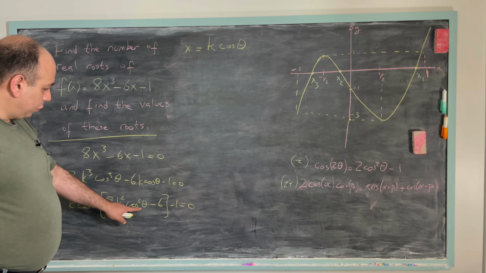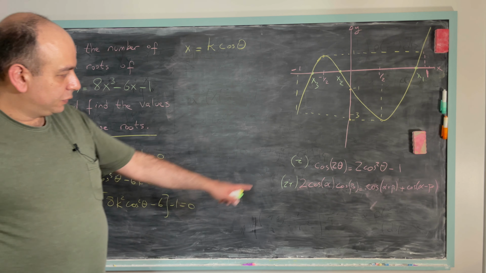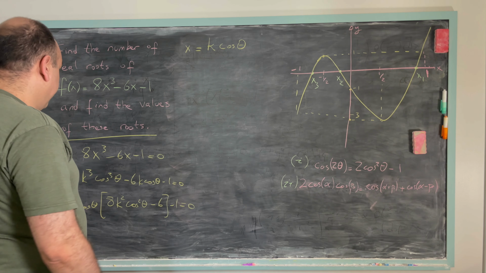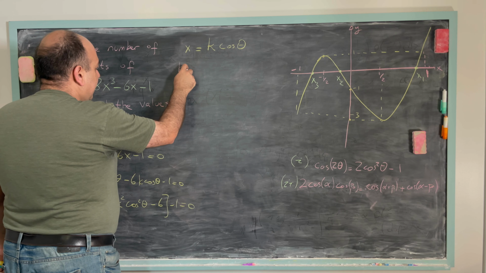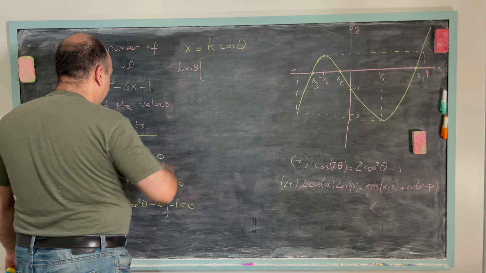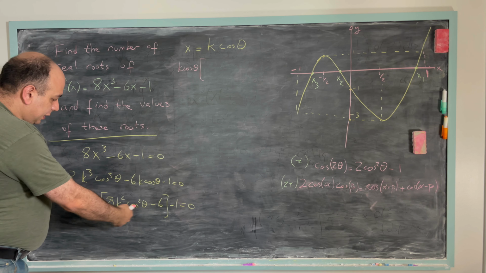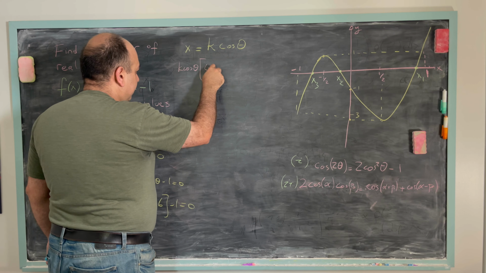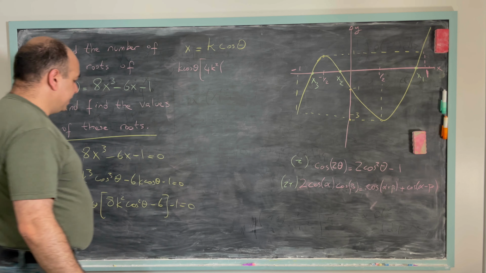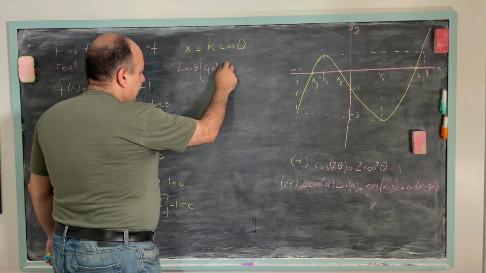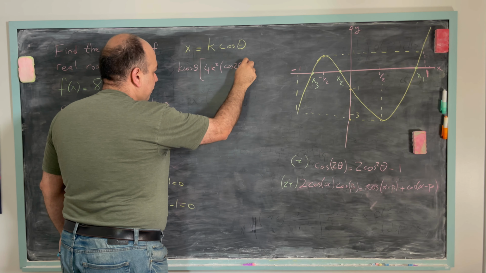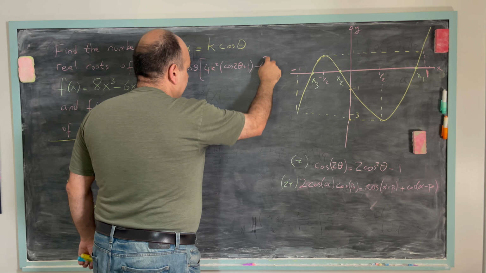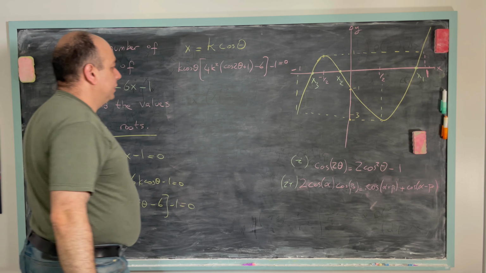So we have 2 cosine squared theta here, right? So instead of 2 cosine squared theta, I can write cosine 2 theta plus 1. So basically I have k cosine theta parentheses. I'll separate 2 cosine squared theta here, so I'll have 4k squared left, right? 4k squared parentheses, cosine 2 theta plus 1, and then minus 6 and minus 1 is equal to 0.